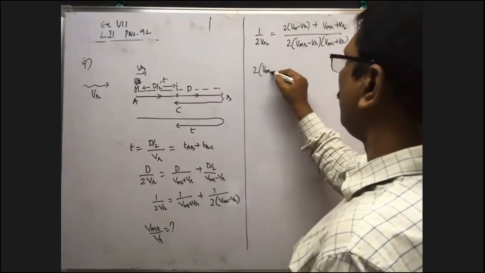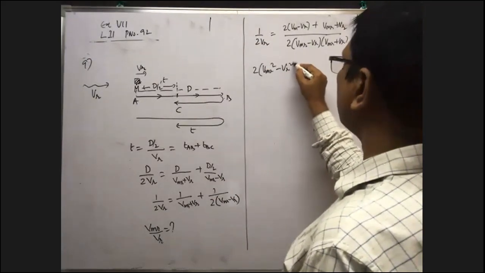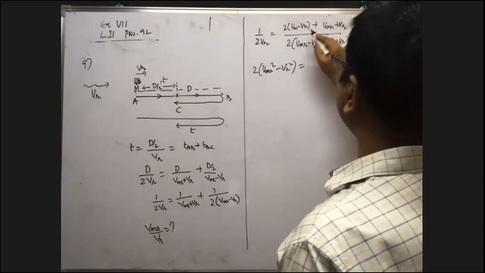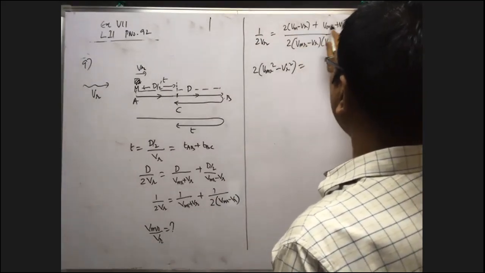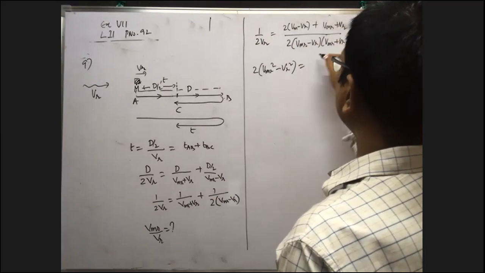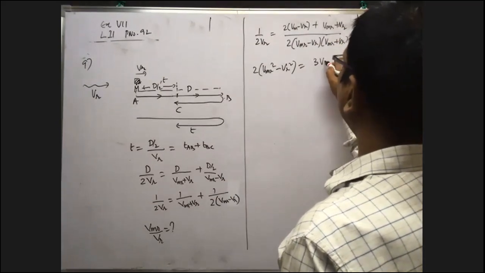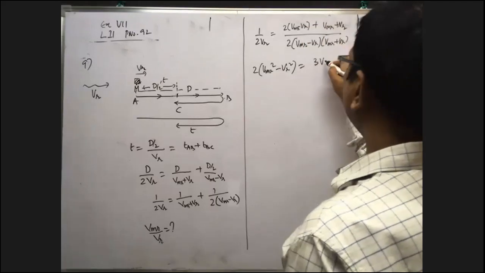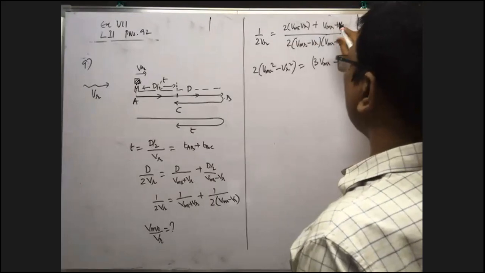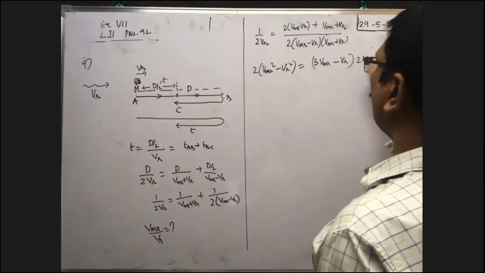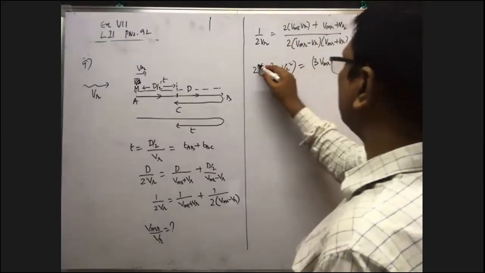So VMR square minus VR square is equal to, when you do this, 2VMR plus VMR, 3VMR, minus 2VR plus VR means minus VR. That's why 3 VMR minus VR, into, when you do cross multiplication, 2 into VR. Here 2 cancels.